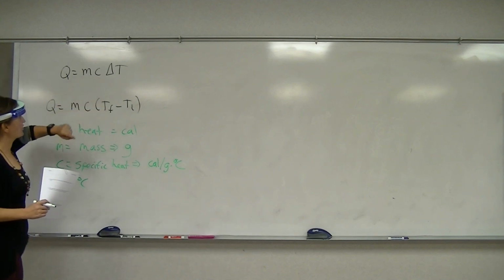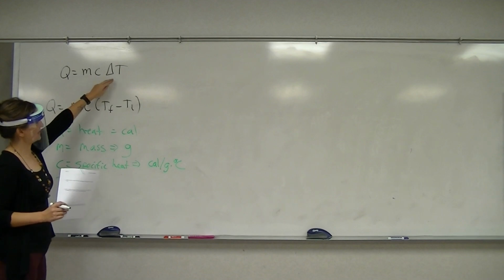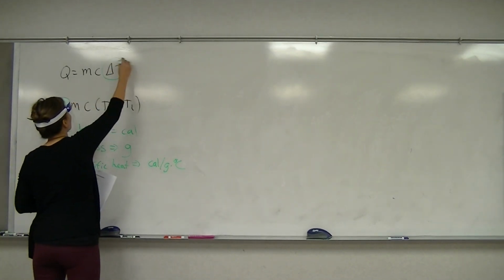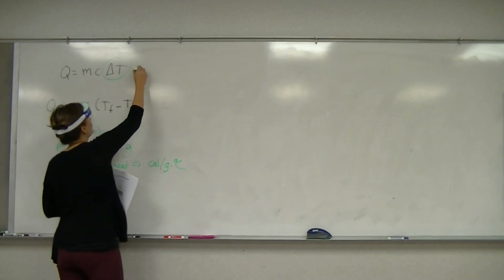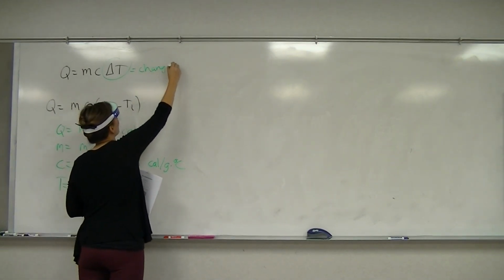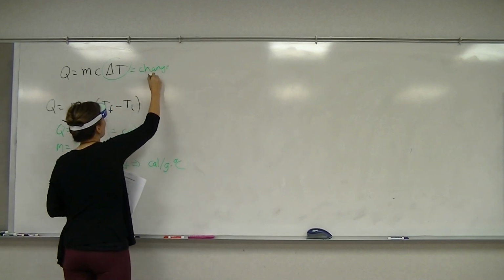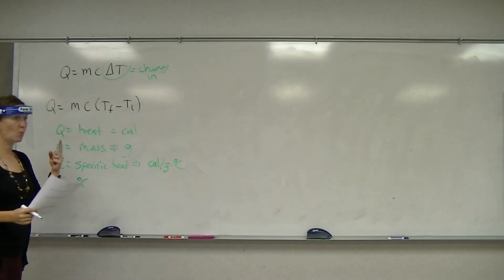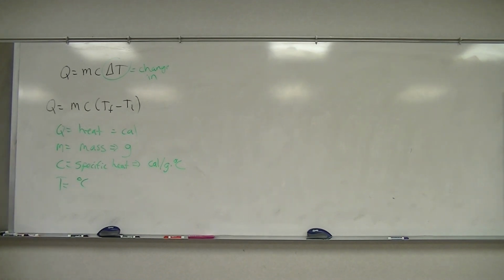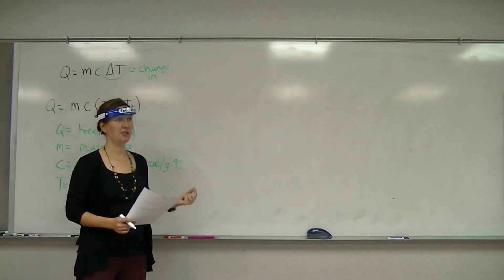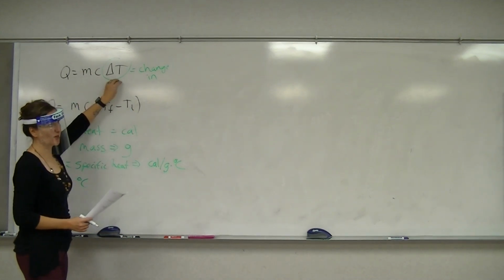Notice we have two equations, and the only thing different is that temperature variable. So up here we have a delta T, and delta T means change in. So this would be if you're given a problem with just one temperature. It's saying this material, this object, had a temperature change of 115 degrees. So you would use this equation.